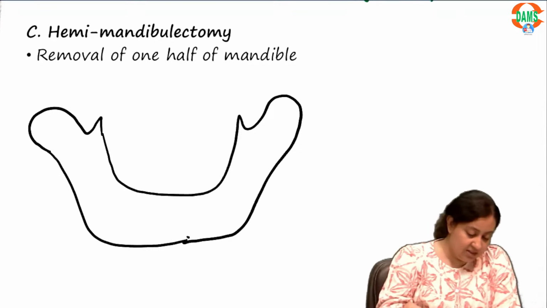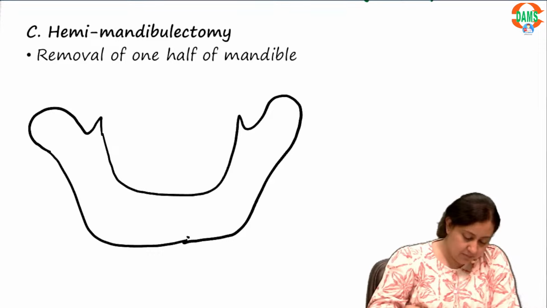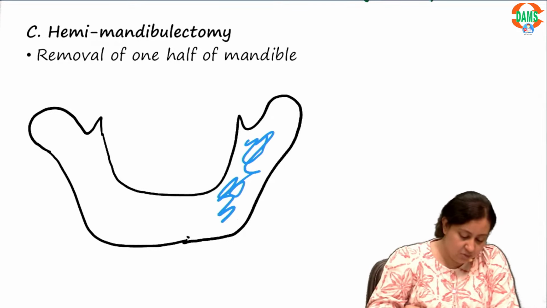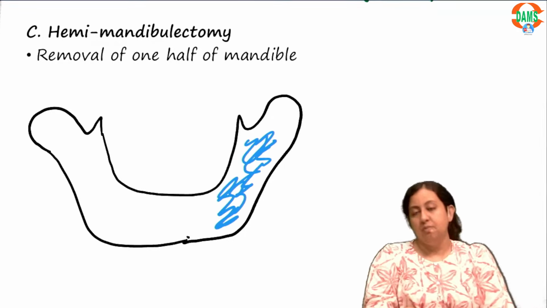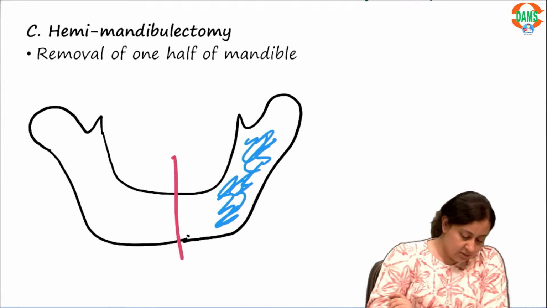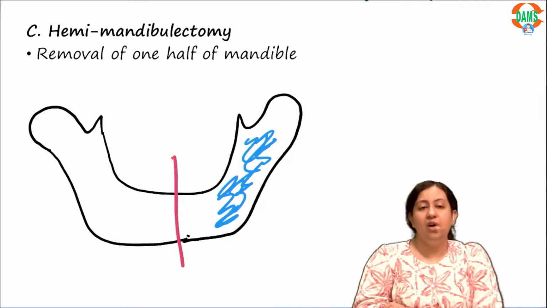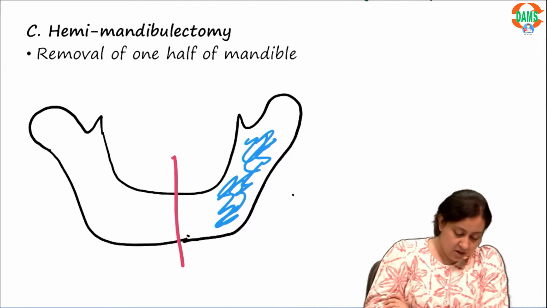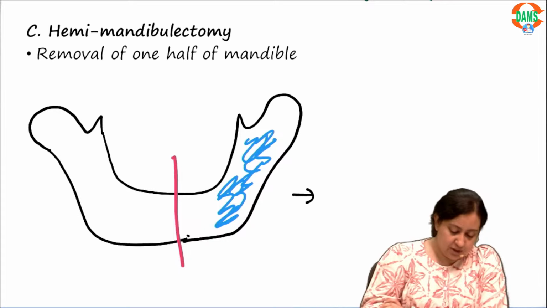Okay, so let's say for example there is some pathology over here, diffuse sort of a pathology. Okay, what you'll do is you will just remove half of the mandible and you will be left with a picture like this.